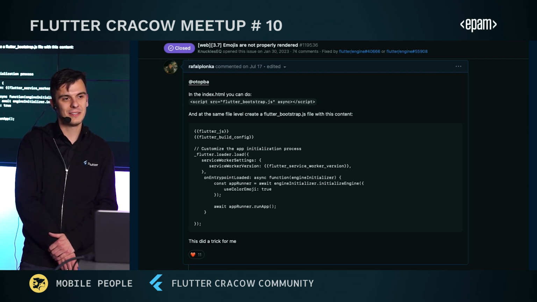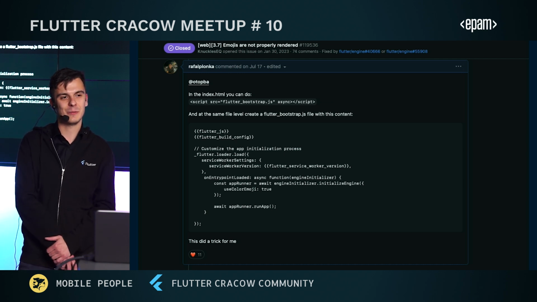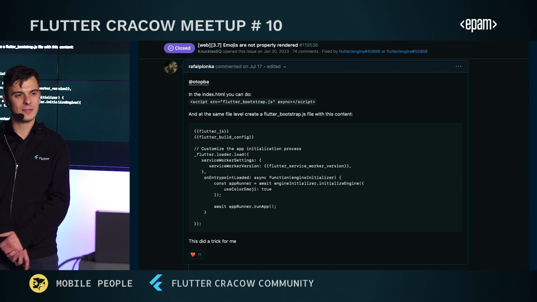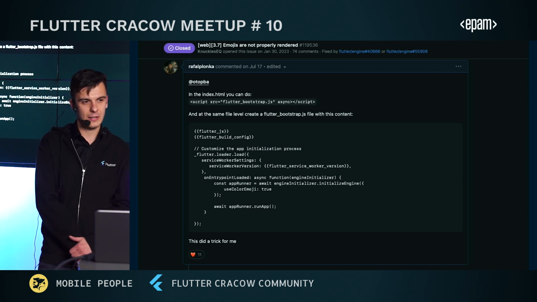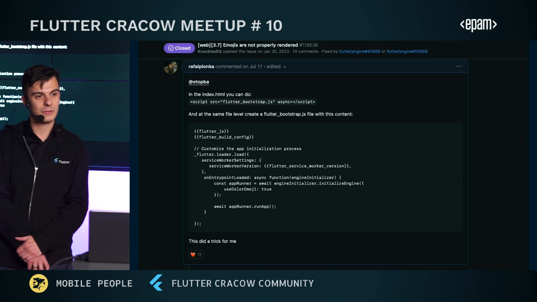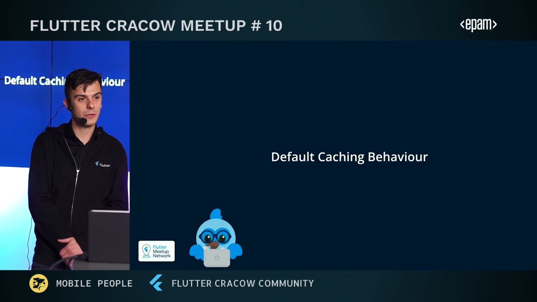It will be written in this GitHub issue, but not necessarily in the Flutter documentation. Although it is changing a little bit, especially when it comes to Wasm. I think the Flutter guys are doing a good job documenting it. Yes, so this is one of the examples that you have to be prepared for.